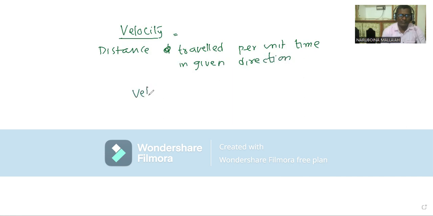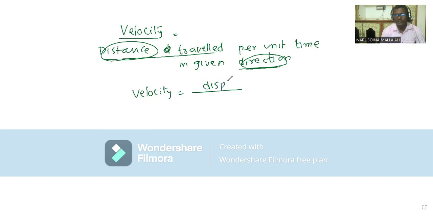So I am writing velocity is equal to distance traveled in a certain direction. If it has direction, that distance is called displacement. So I am writing displacement by time.